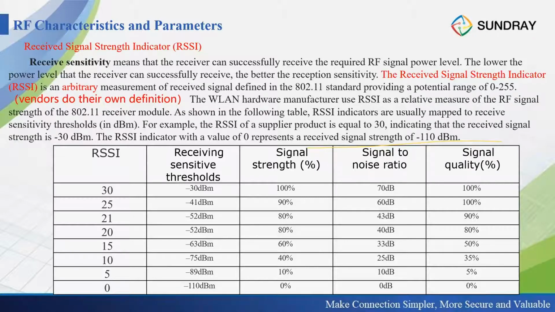But if the signal strength is weaker than negative 75 dBm, it shows only 40% in the signal bar. Okay, this is the RSSI.